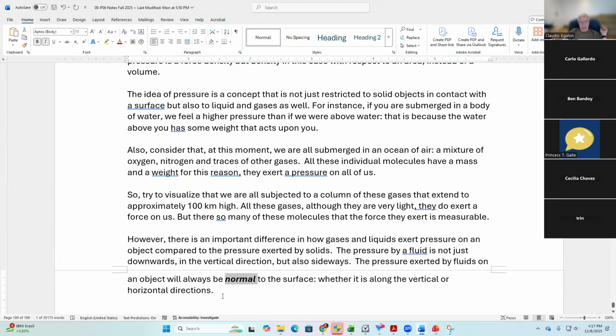Okay, and we can come up with a very interesting example of how to calculate the pressure exerted by a column of water of height h.